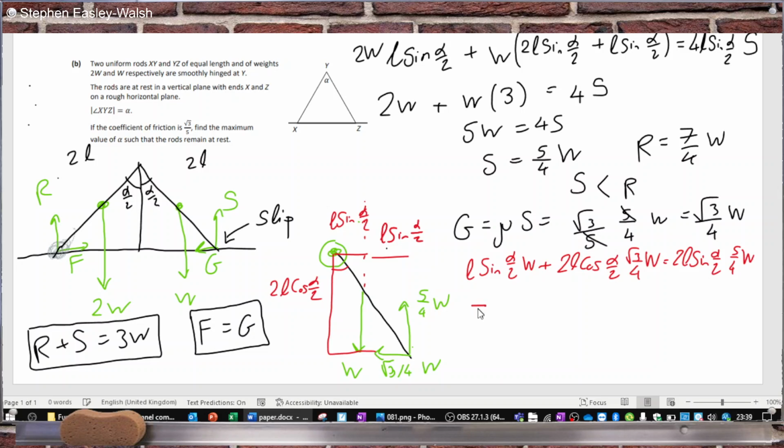So that would become tan alpha over 2. Dividing by L, so it's gone. Divided by W, it's gone. Divided by cos, it's gone. So that would be root 3 over 2 equals 5 over 2. L and W is gone, and sine will become tan. And it's 5 over 2 tan alpha over 2.